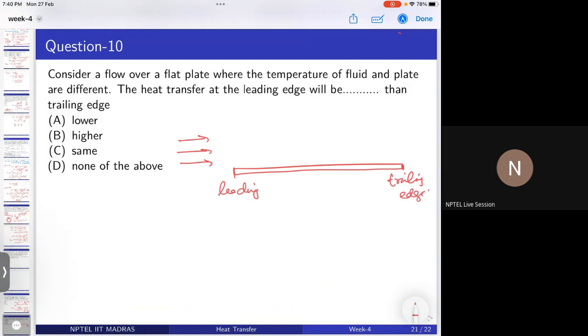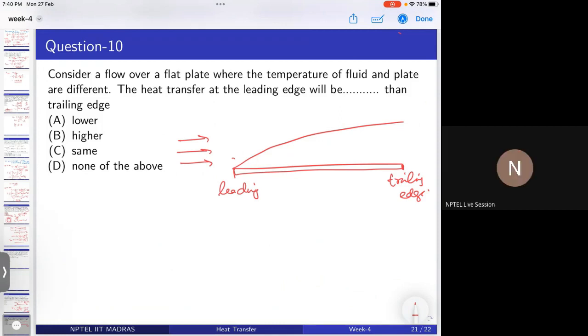So if we go by the boundary layer, what is the answer? Will the heat transfer coefficient or heat transfer be lower or higher, because the turbulence will set in after a certain length?